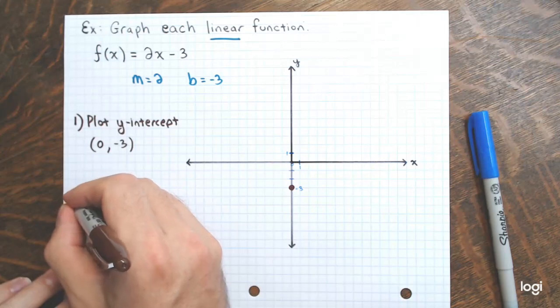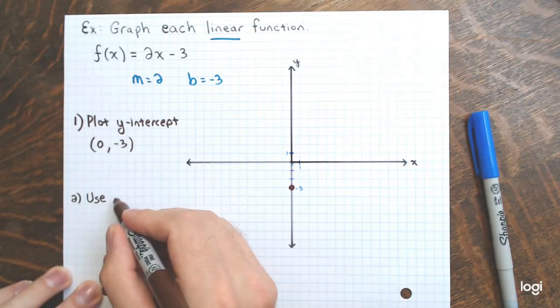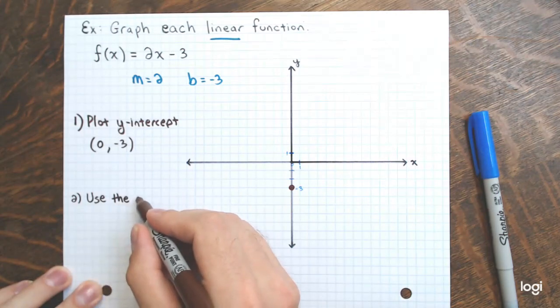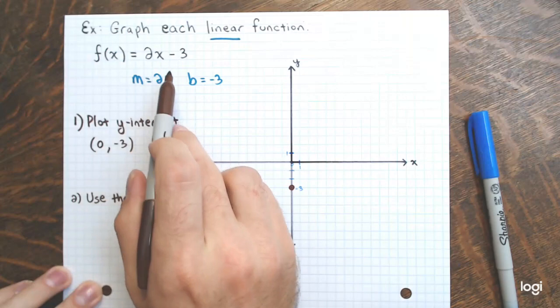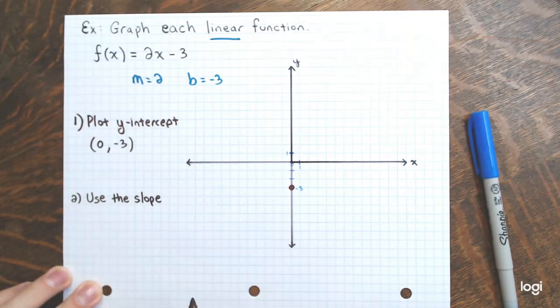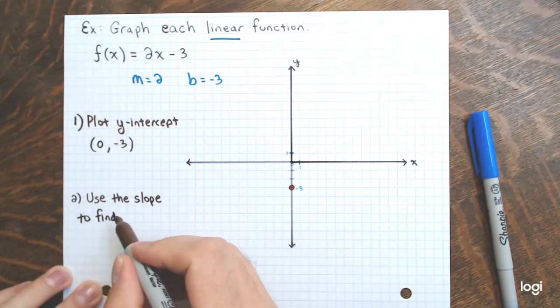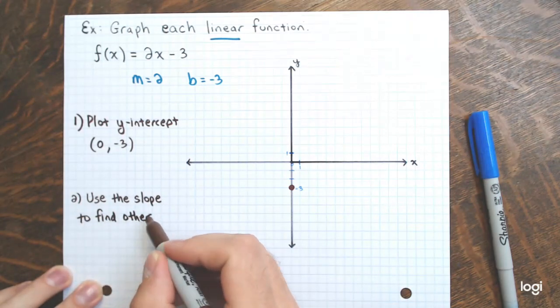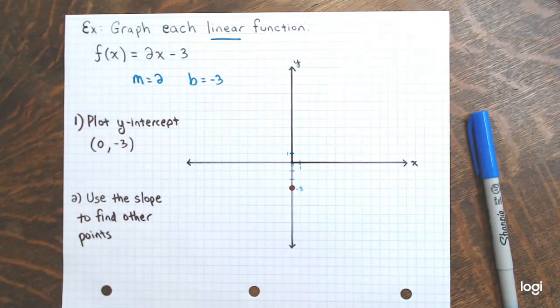And then I'm going to use the slope to find another point. You could plug in another value and find an ordered pair that way, but I'm going to use the slope to find other points. All right, so what do I mean by this?